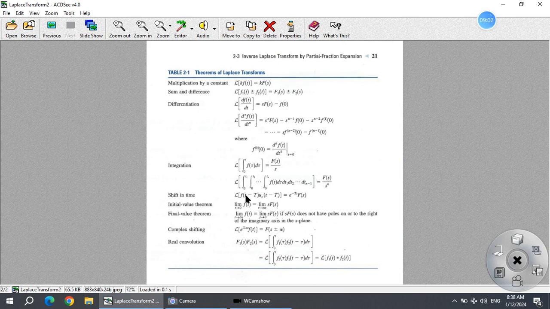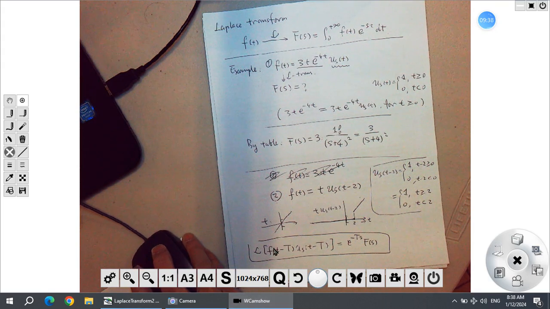Let me copy it in my notes: the Laplace transform of f of t minus capital T times u_s of t minus capital T equals e to the negative capital T s times F of s. This is the shift in time. I will apply this on this function.